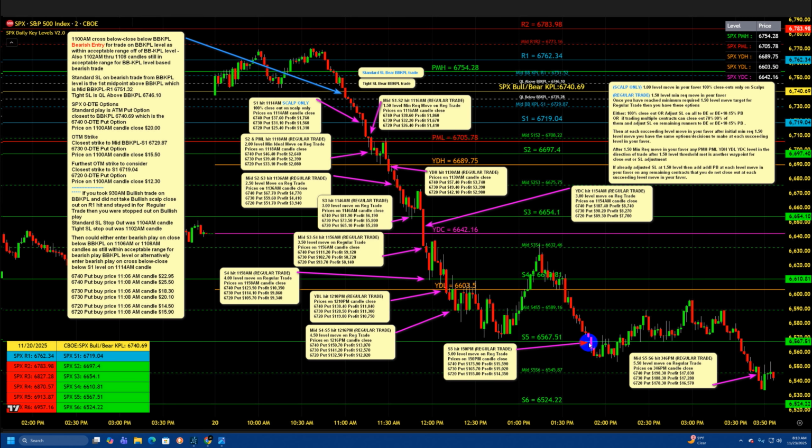So we're either just going to get a further move in your favor, or you're just going to get stopped out on any remaining contracts, and you would have your profit locked in at something close to these levels. If you did happen to do that, then as you can see here, eventually it would have gotten stopped out here.